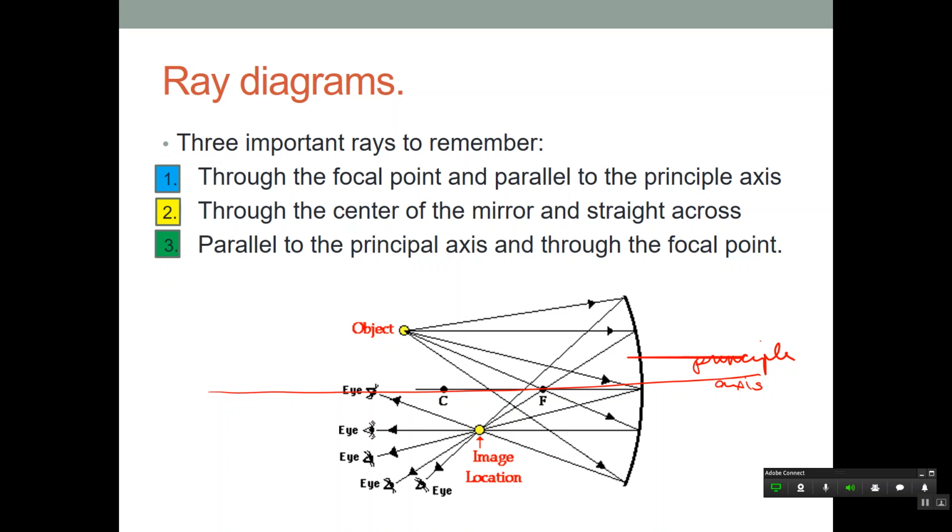Let's say these were A, B, C, D. Which one? D, yeah, exactly. So D is going through the focal point, and then is parallel to this line here. Okay? That's an important ray.